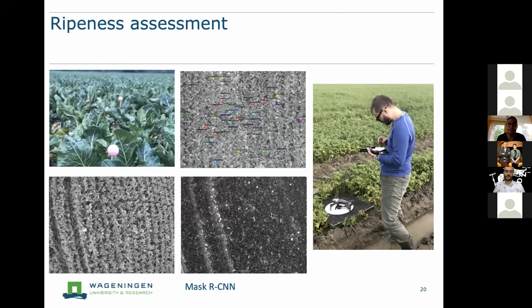For a matter of logistics, he needs to divide the work among the employees, but at the same time, he also needs to keep an update of the status of the crop, because overripe cauliflower is a product that we cannot sell on the market. In this project in concrete, we use another deep learning technique called Mask R-CNN. Again, all these works have been published, so you can find more technical and specific information there.